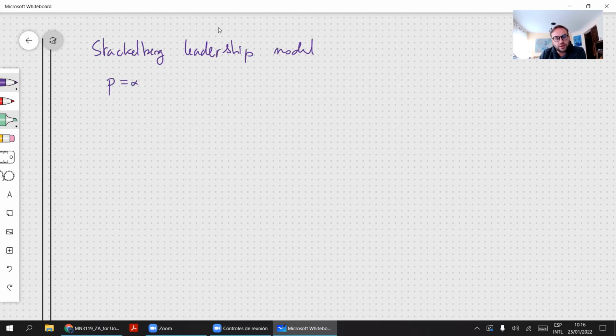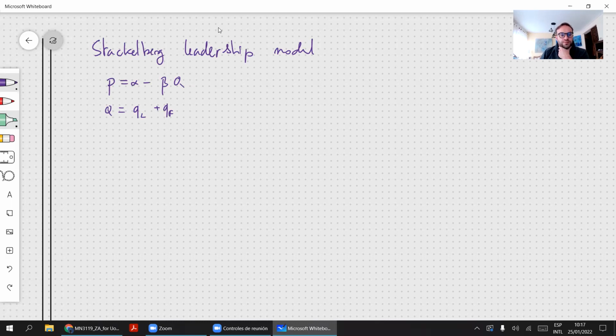I'm going to set the problem like this. The inverse demand function is alpha minus beta Q, where Q is the overall demand. Q is going to be the sum of the quantity the leader is producing and the quantity the follower is producing.